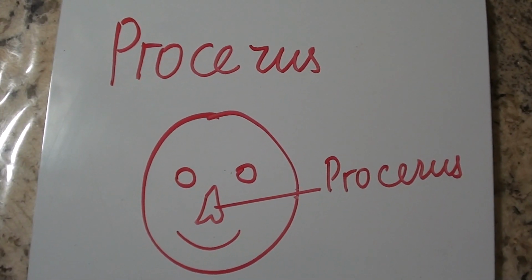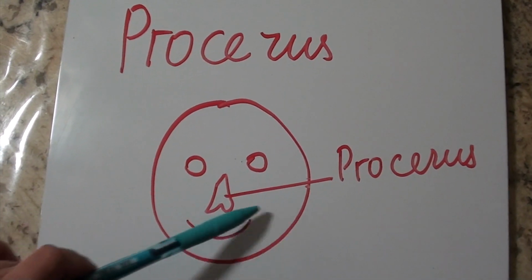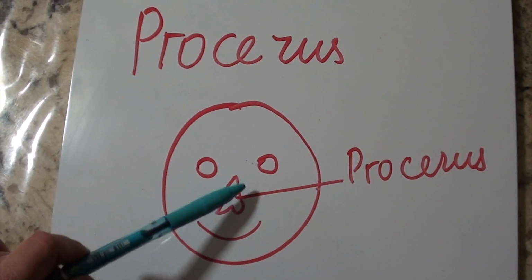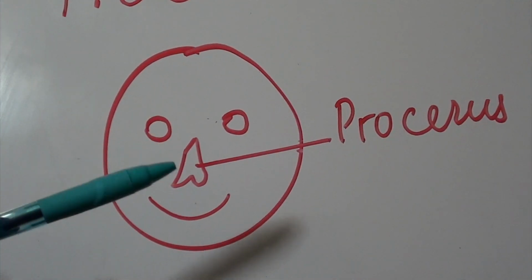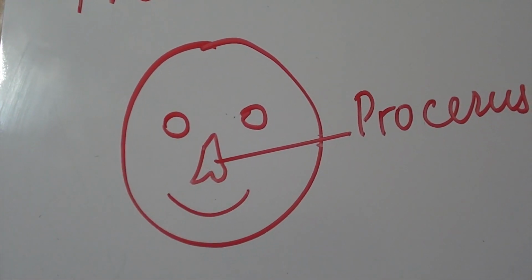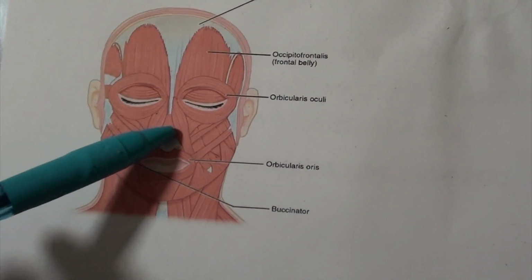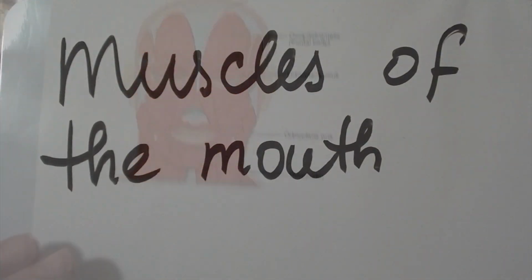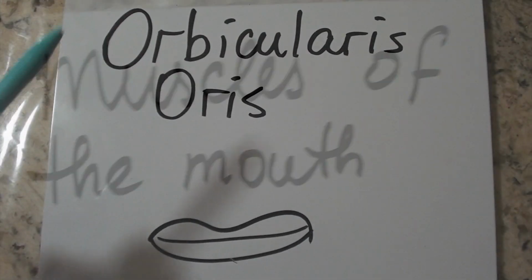Along with other nasal muscles, procerus is a muscle of the nose. It lowers the eyebrows and causes wrinkles over the bridge of the nose. Muscles of the mouth.